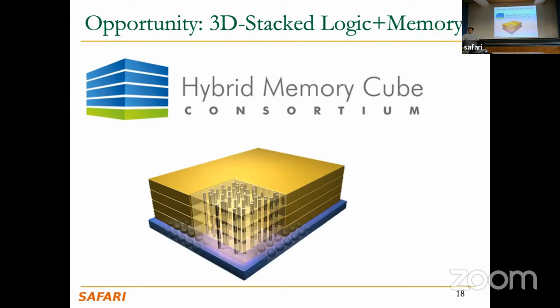In this logic layer, there are some memory controllers in order to access data in the different layers, right? The access to data is through these vertical connections that are called through-silicon vias, through silicon because they go through the multiple layers of silicon, right?